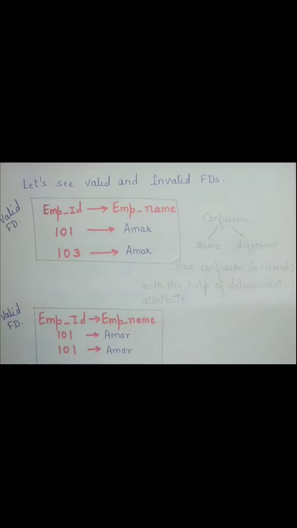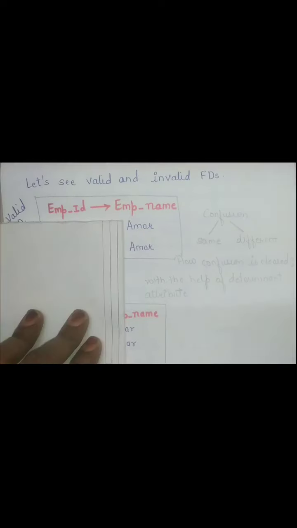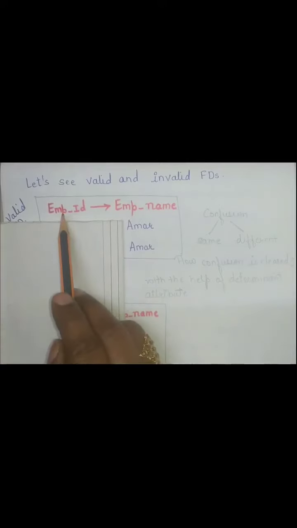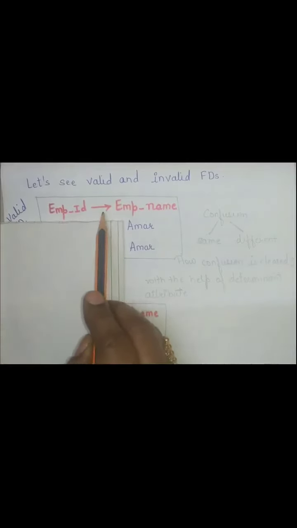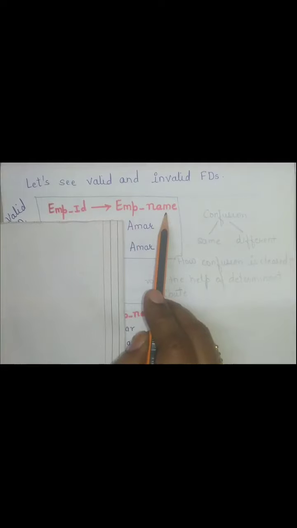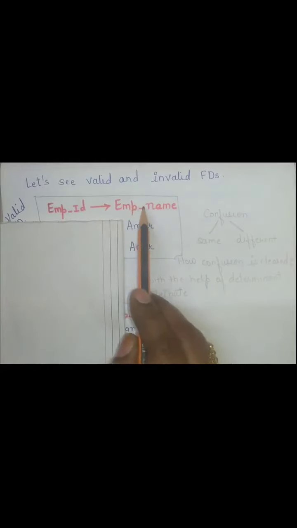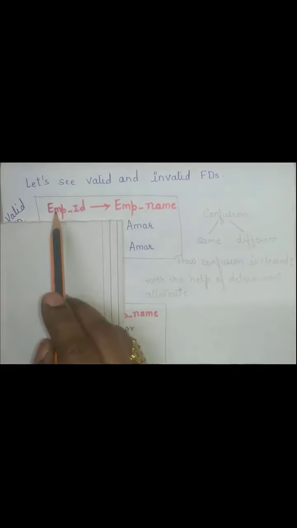Now let's see valid and invalid functional dependency. What is the meaning of valid functional dependency and what is invalid functional dependency? Just see this example. You can see employee ID goes to employee name, which means employee name is functionally dependent on the employee ID.